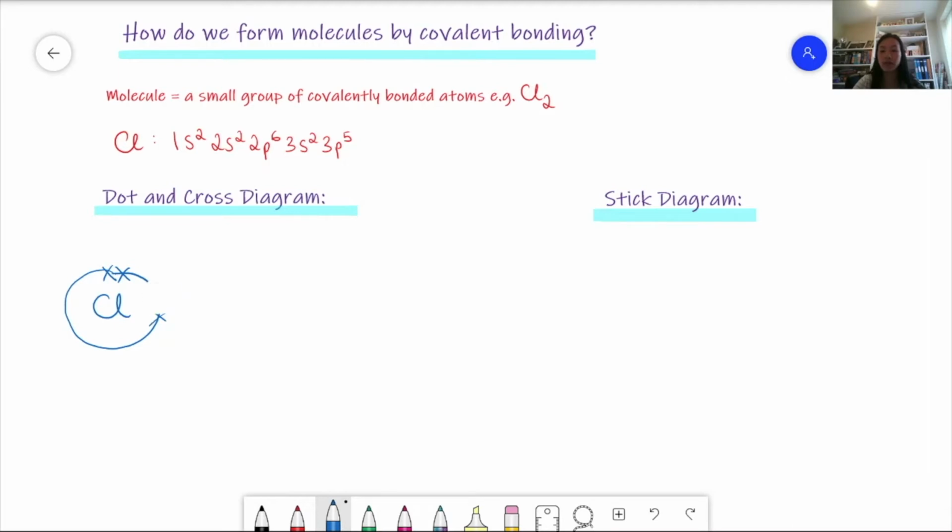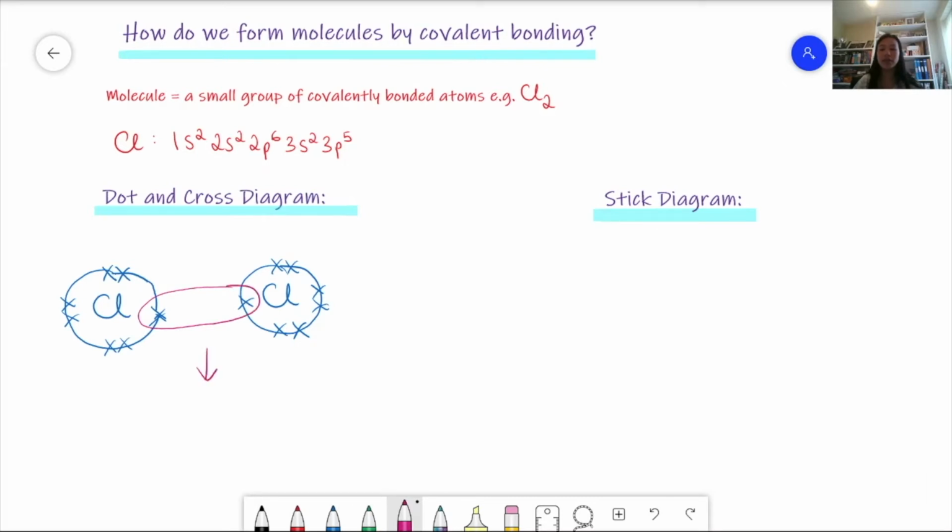1, 2, 3, 4, 5, 6, 7. And then I draw another chlorine, 1, 2, 3, 4, 5, 6, 7. We can see that each chlorine wants 1 electron to be able to have a full outer shell. And so what happens is that a covalent bond forms, and these 2 electrons are shared.